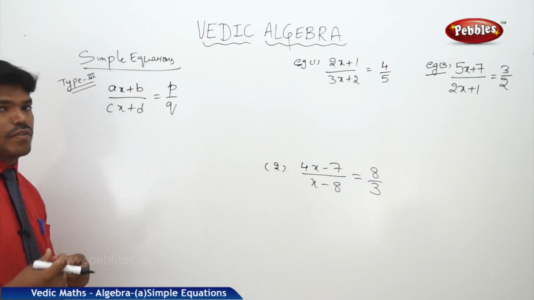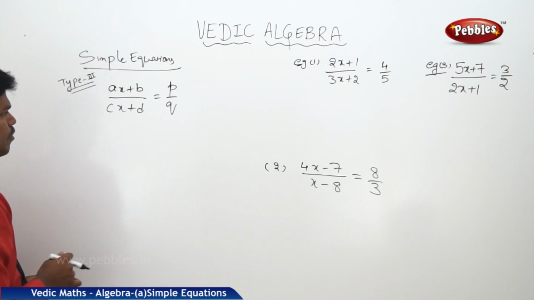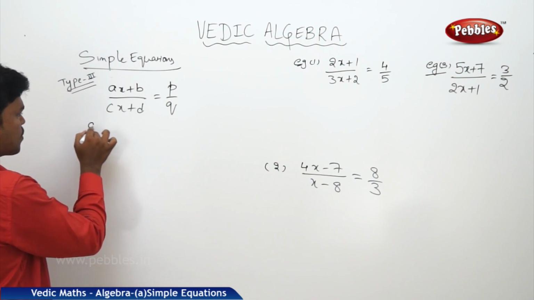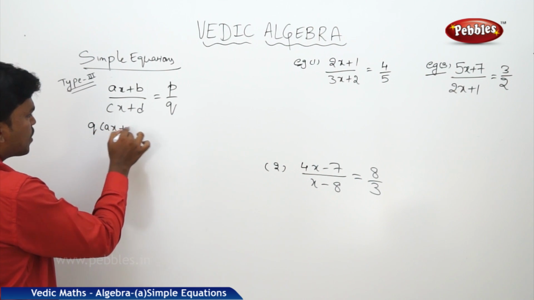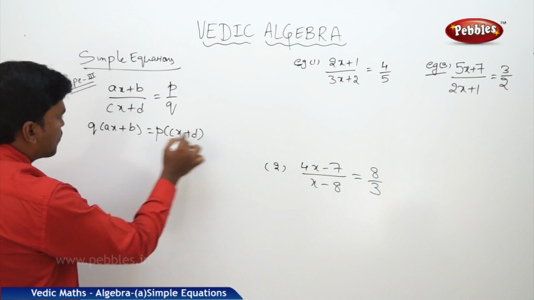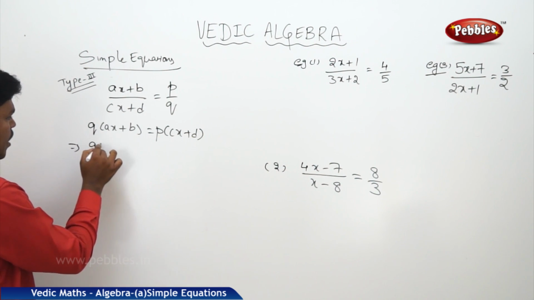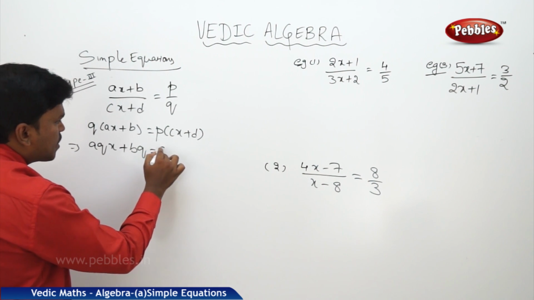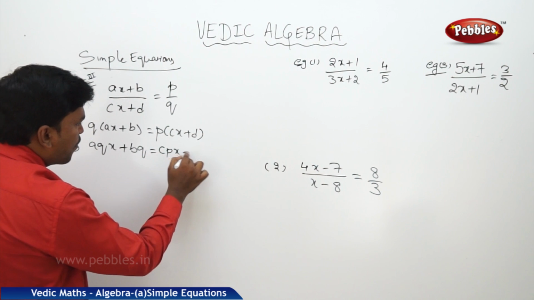Now, let us derive the solution for this one, that is the x value. First, just simply cross multiply. How much will you get? So, Q into AX plus B equal to P into CX plus D. So, how much will you get? AQX plus BQ equal to CPX plus PD.